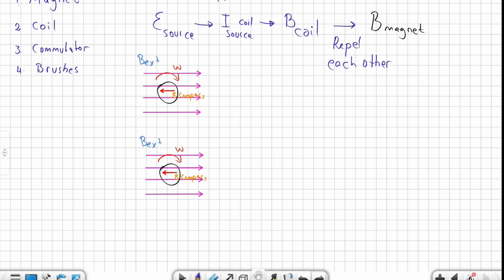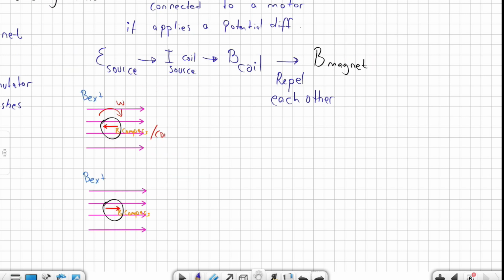That's exactly what is happening to the coil too. The coil will be repelled by the permanent magnet and will rotate so that the coil's magnetic field and the external magnetic field, which is the magnet's magnetic field, have the same direction. When they have the same direction, the rotation stops. So they will repel each other until they have the same direction.